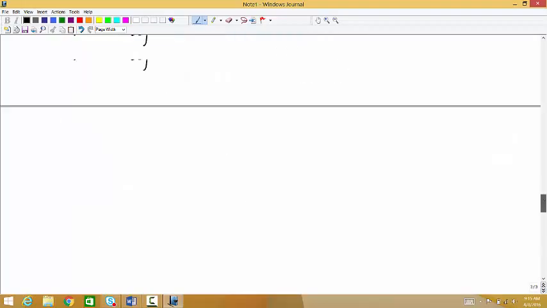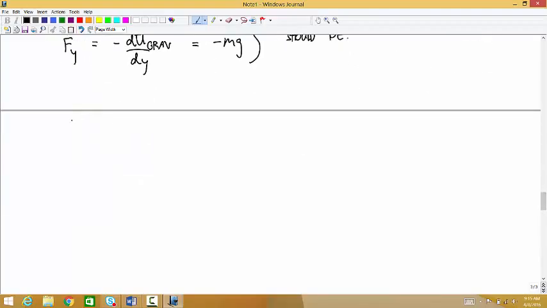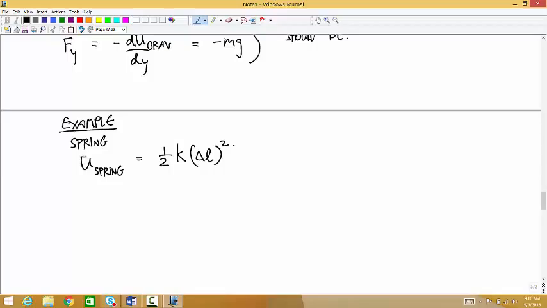Okay, let's do the same one for the spring potential energy. So the potential energy for the force applied by a spring is 1/2 times k times the change in L squared.